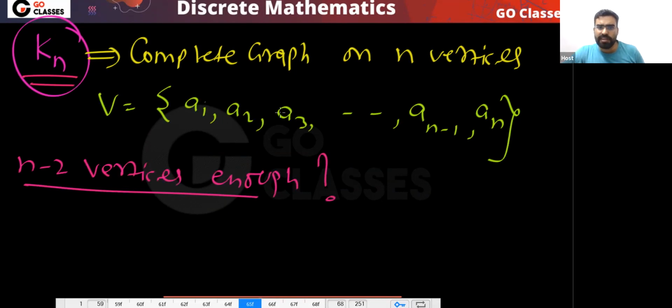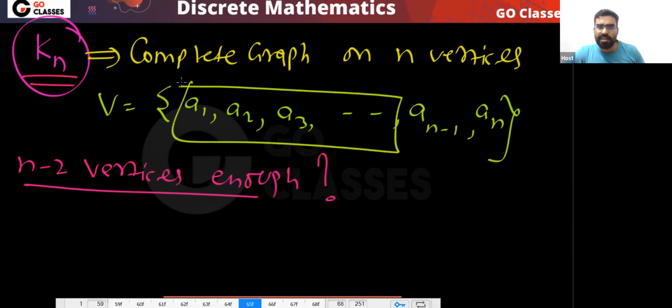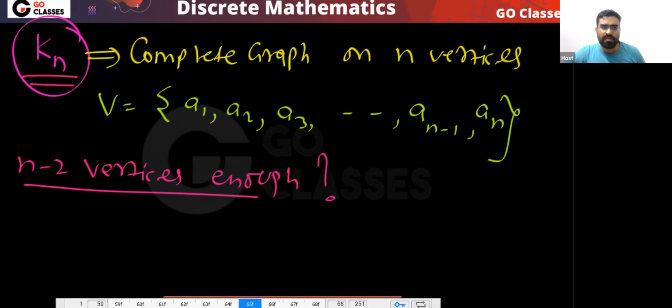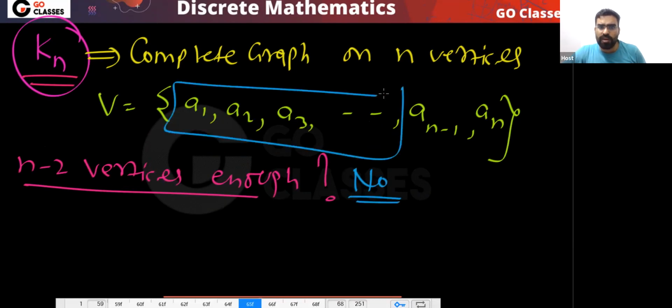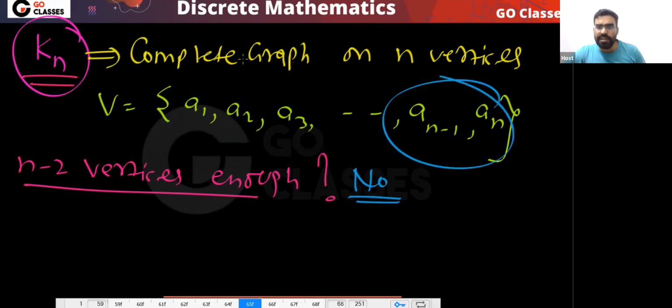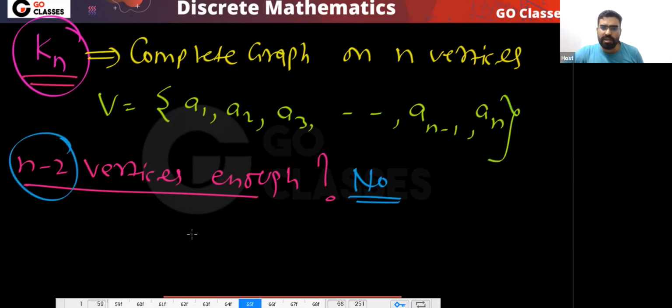If I take n minus 2 vertices, are they enough? The answer is no. Because if you take n minus 2 vertices, who will cover this edge? This edge is not covered.